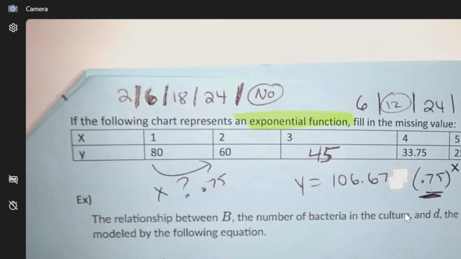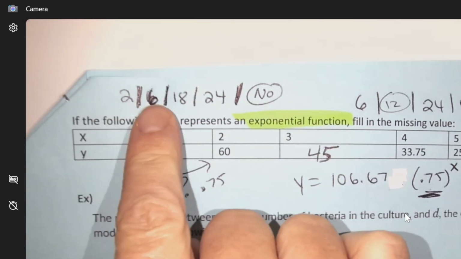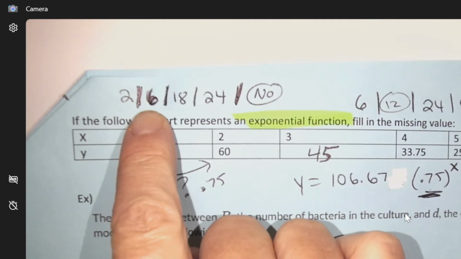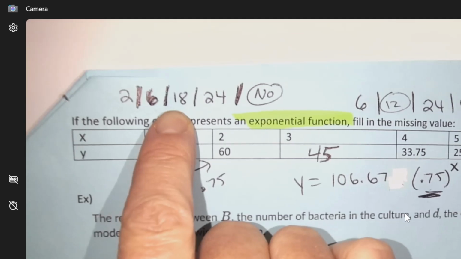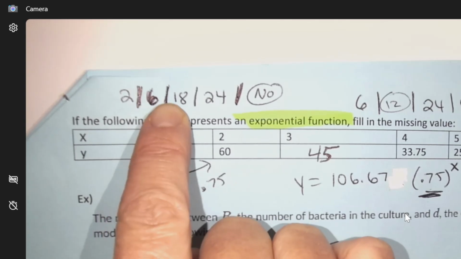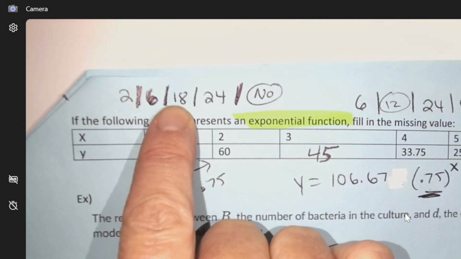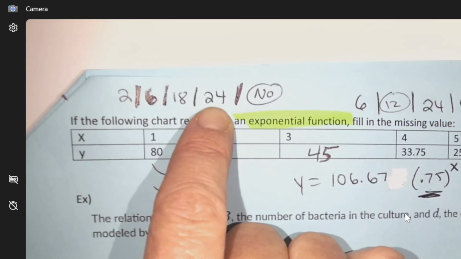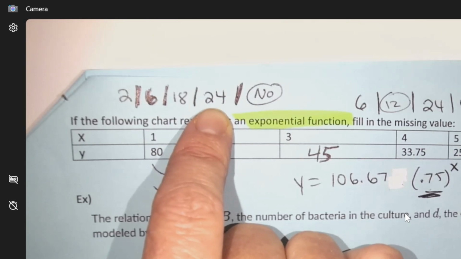No. Why? 2 to 6, what'd you do? Times by 3. 6 to 18, what'd you do? Times by 3. So it's good. We're good. What'd you do from 18 to 24? Not times by 3, right? I don't know what it is, but it's not.